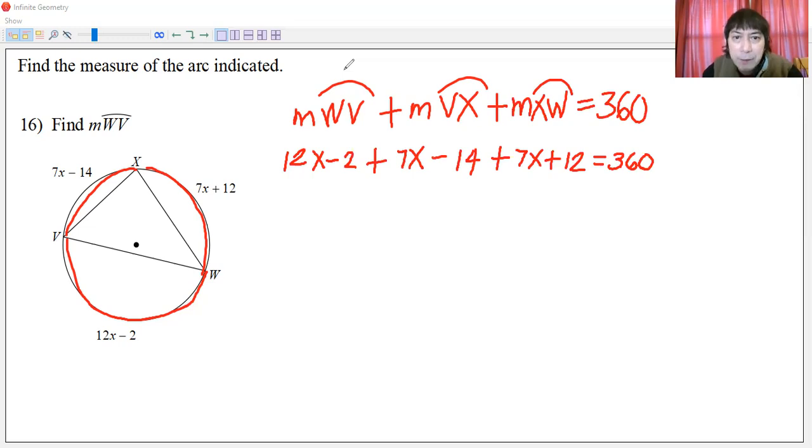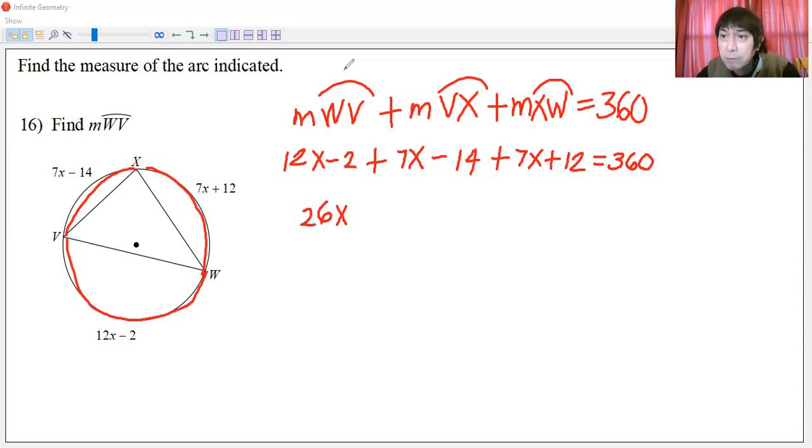Combine like terms. 12x plus 7x plus 7x, that looks like 26x. All x combined. How about negative 2, negative 14, and the positive 12?